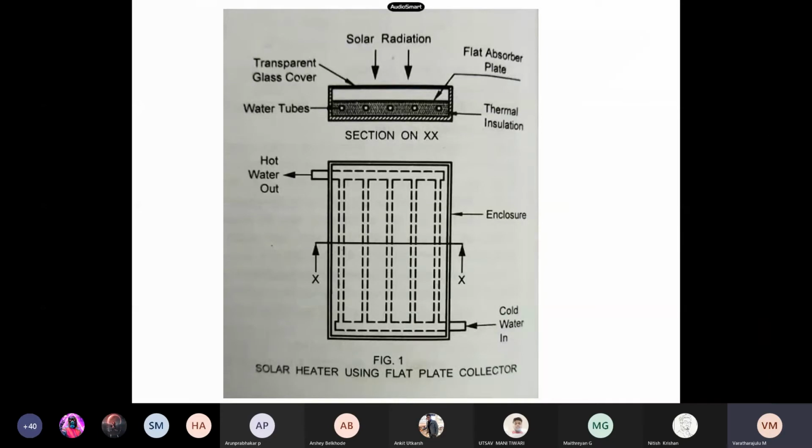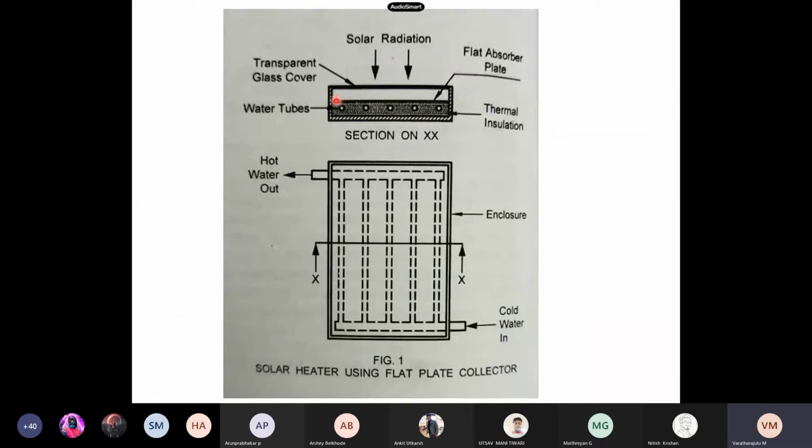And this is the pictorial representation, in which the top cover is made of glass. First we'll go through the nomenclature, and then we'll discuss what is happening here. We see the transparent glass cover and the solar radiation.